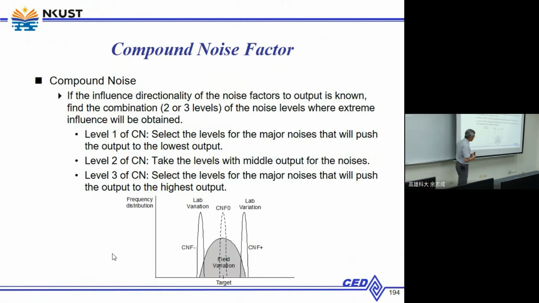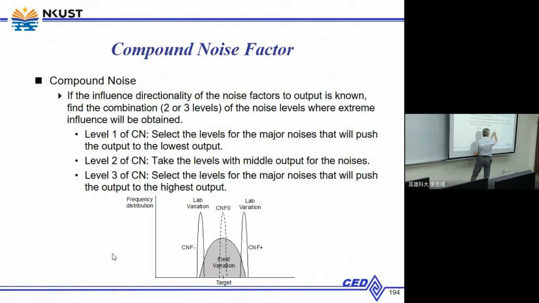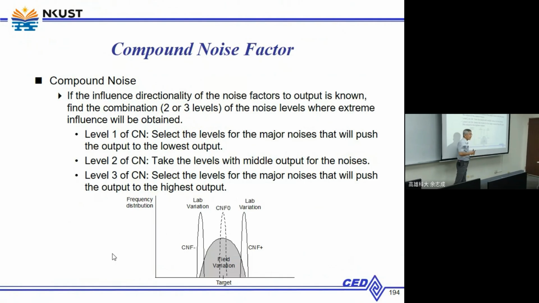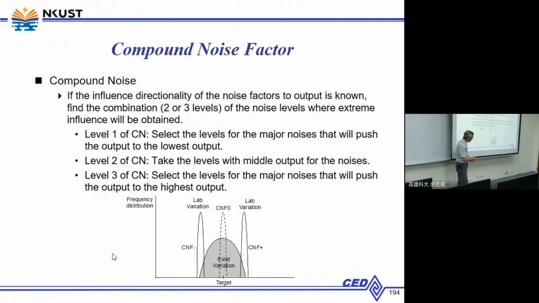Then we can use just these 2 combinations of the noise factors to come up with the upper bound and the lower bound of the output distribution. This is the ideal case.